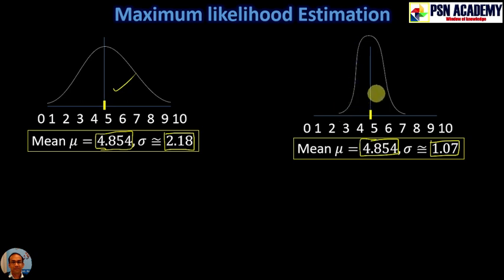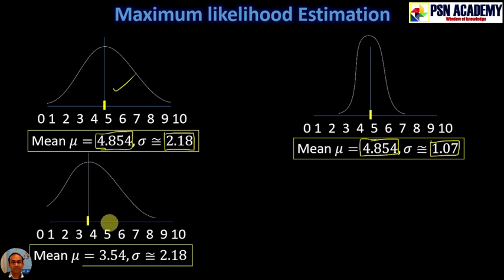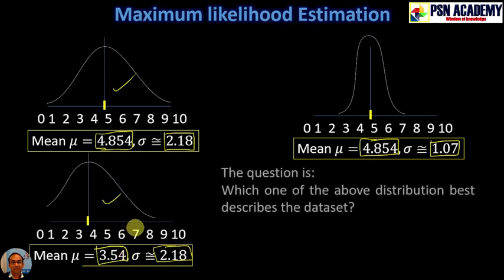It is much narrower than the previous one. Now in this figure we have the same sigma, that is 2.18, but we have a different mean, and the figure goes like this. Now the question is, which one of these above distributions will best describe the dataset?